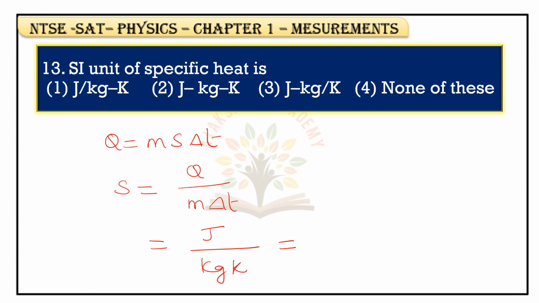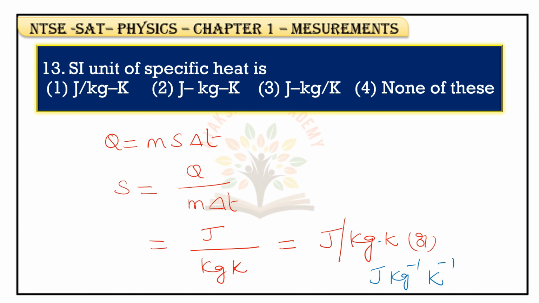So SI unit of specific heat is joule by kilogram Kelvin, or we can write it as joule kilogram inverse Kelvin inverse. So here in these four options, which is correct?